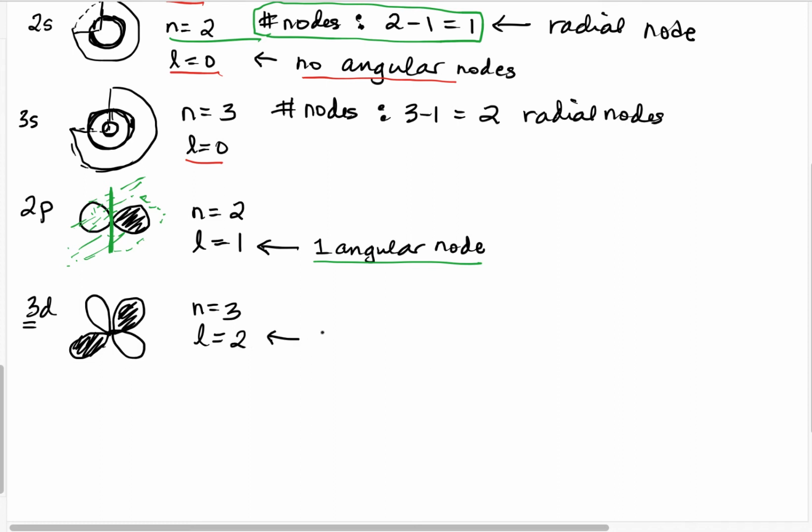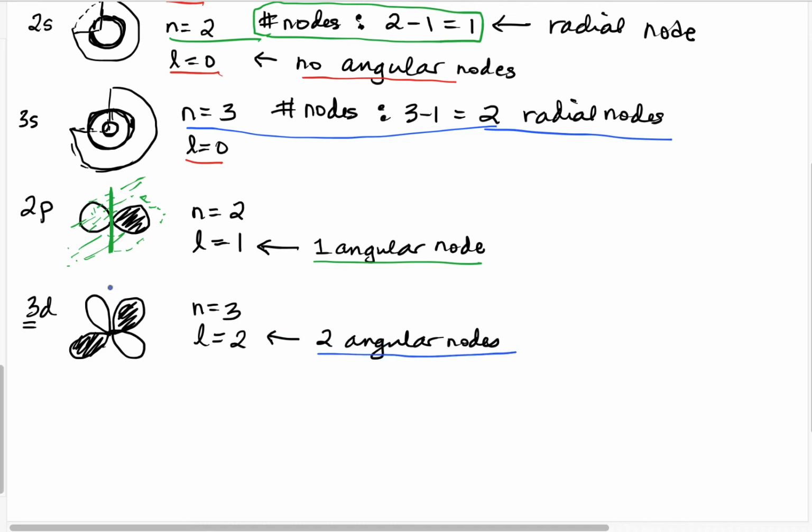So we have two angular nodes. And we just had N is equal to 3, giving us 2 total nodes. And so that must mean that these are our 2 total nodes. And they're going to be right here in between my lobes. And those are those 2 nodes. And they also would be planes just like up here on the 2p orbital.